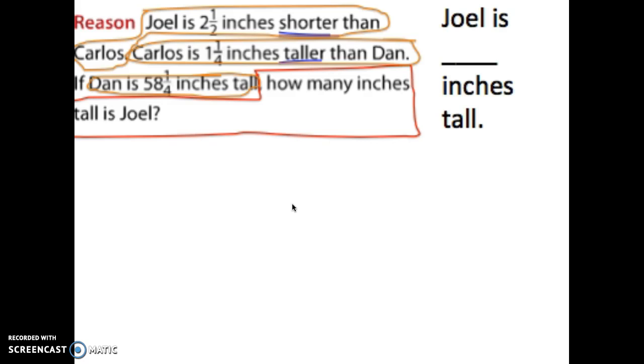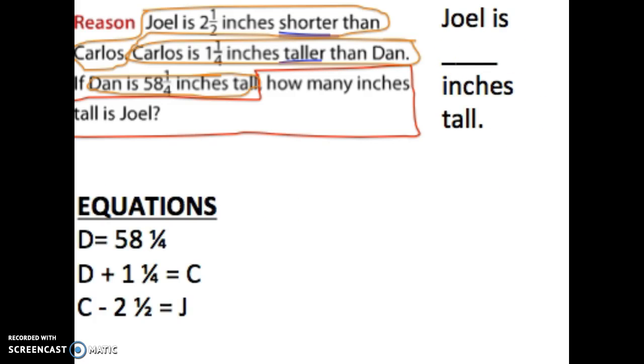And finally, I want to use the information that says that Dan is 58 1/4 inches tall. After I've done that, I want to take a look at my original question and rewrite it into a statement. So the question was, how many inches tall is Joel? And my statement is Joel is blank inches tall. Once I get my final answer, I want to make sure that I plug it back into this sentence to see if it makes sense.